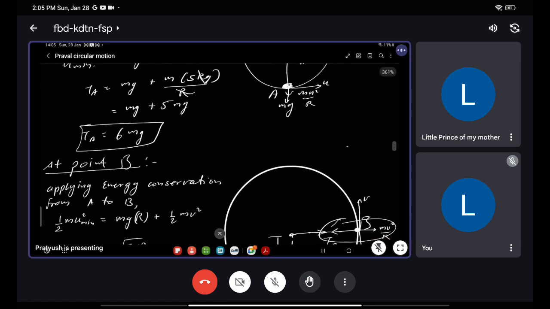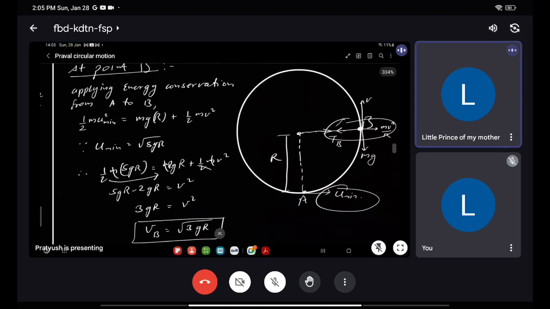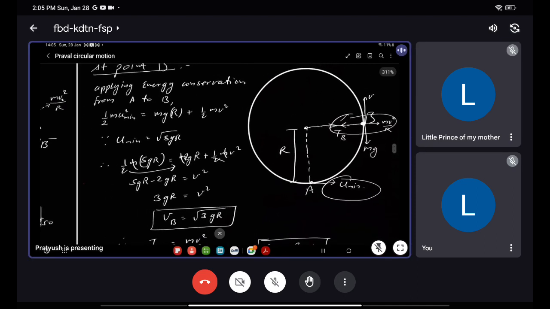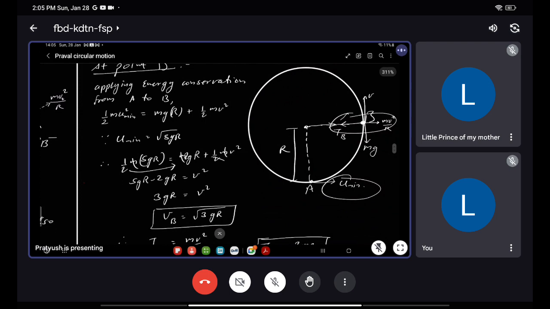Similarly, at point B, what is the velocity and tension? Again, from A to B, now apply the conservation of energy. Initial kinetic energy equals potential plus kinetic energy. Initial velocity is under root of 5gr.